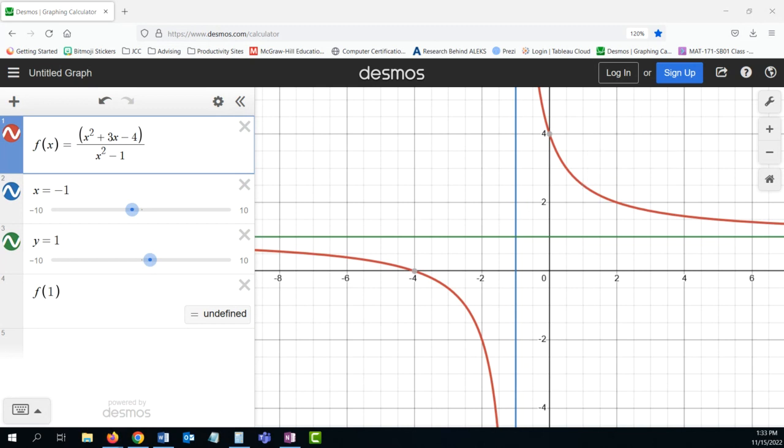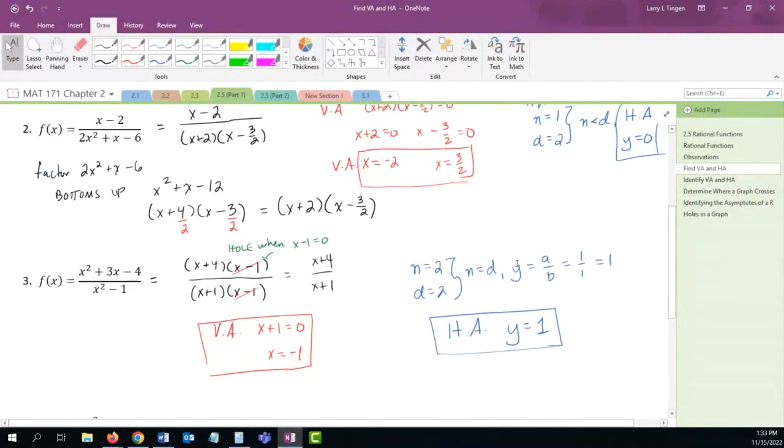Now, if I wanted to find that value, let's just write this up all the way. We said there's a hole when x is 1. So I take the reduced form after I've already divided out the common factor, x plus 4 over x plus 1, and plug in the value that I found is going to cause the problem.